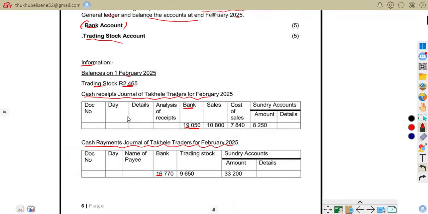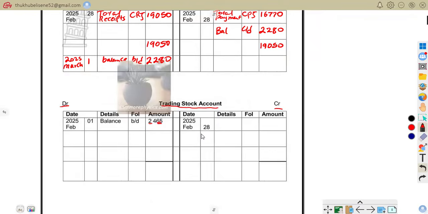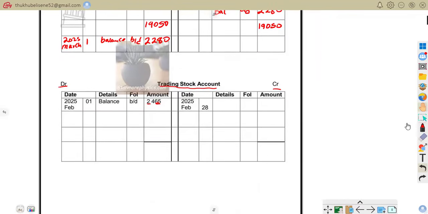So now we look at the cash receipts journal. Do we have trading stock in the cash receipts journal? Let us look for it. So let us come to our trading stock answer book.